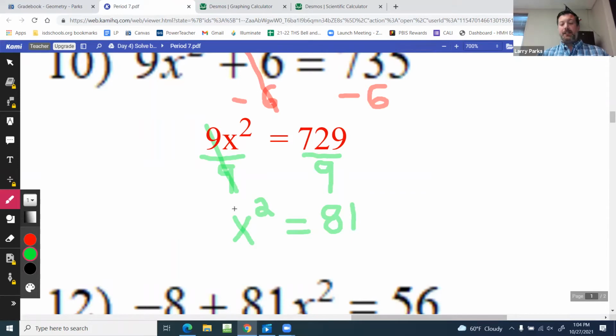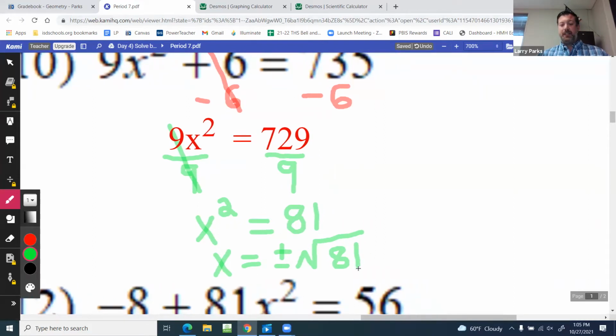I take the square root of both sides. When I square root x squared, I get just x. When I square root 81, I get plus and negative the square root of 81. But the square root of 81 is 9. So I get x equals positive and negative 9.